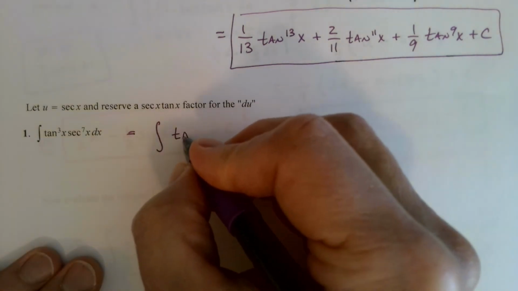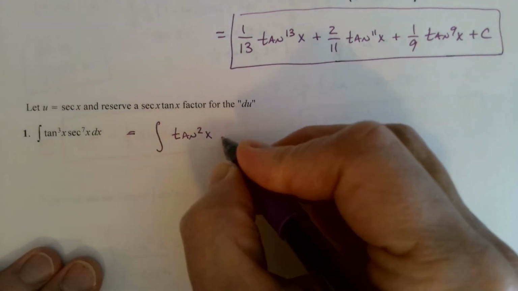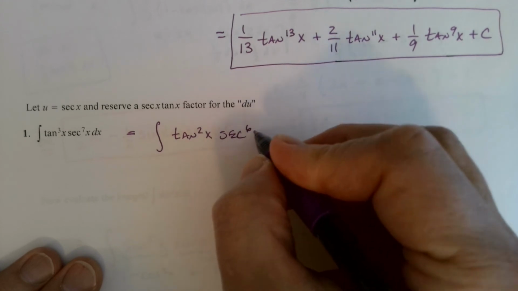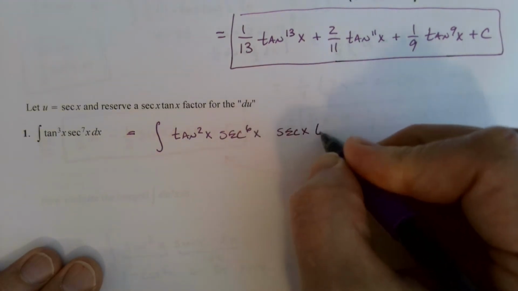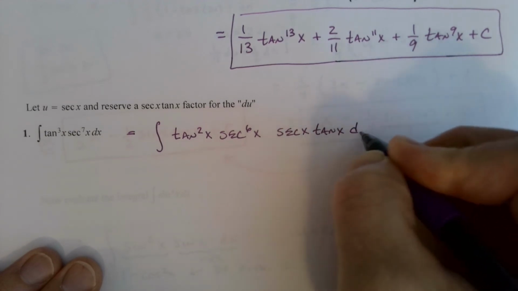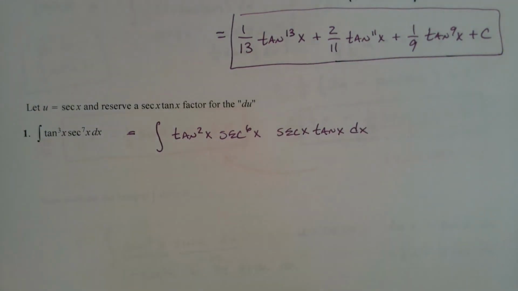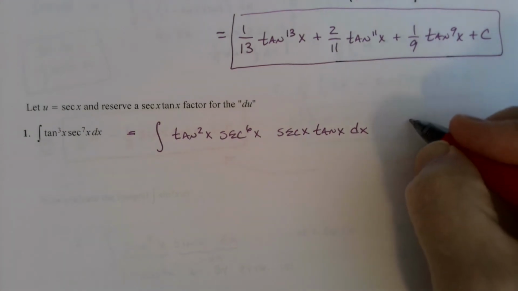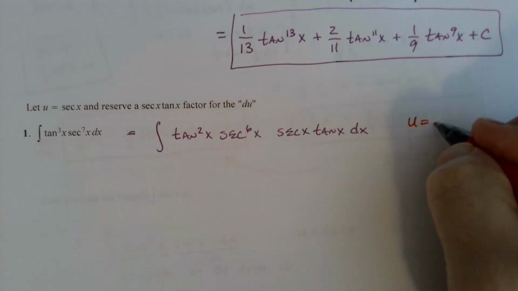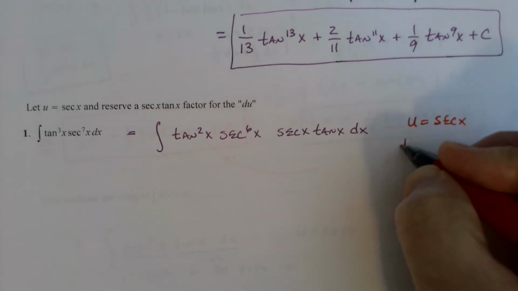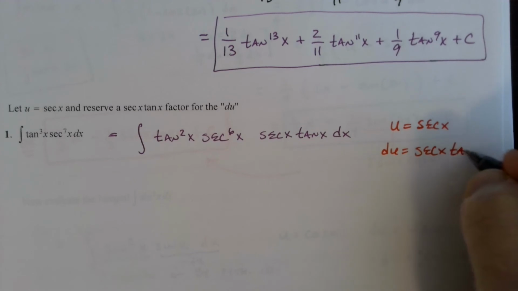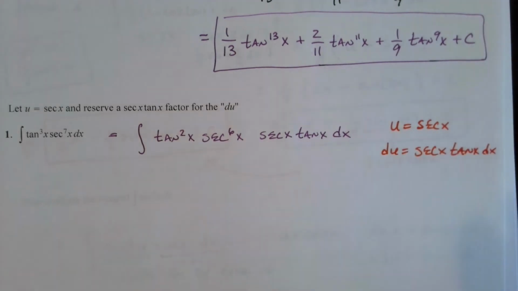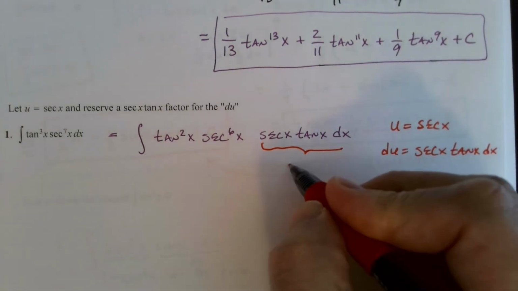So I'll leave tangent squared. One secant factor, I have secant to the 6th, and that will leave me a secant x tangent x dx. That will be for the du. So I'm going to let u be secant x in this case, and my du is secant x tangent x dx. So this right here is my du.